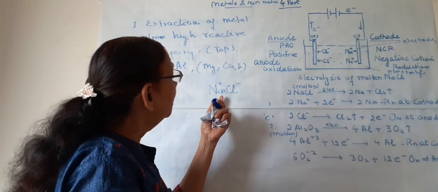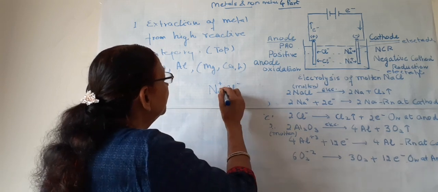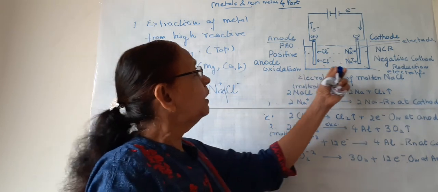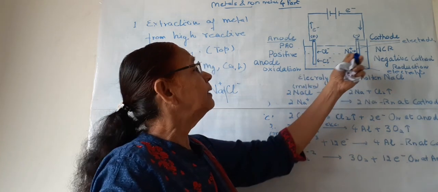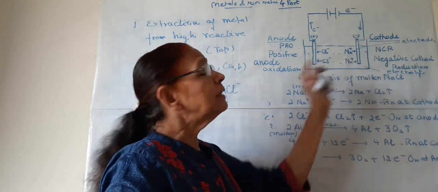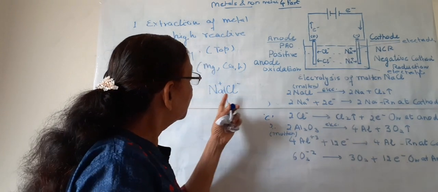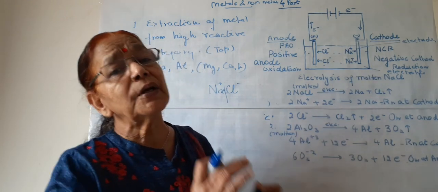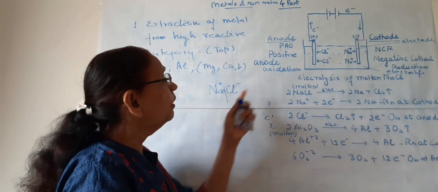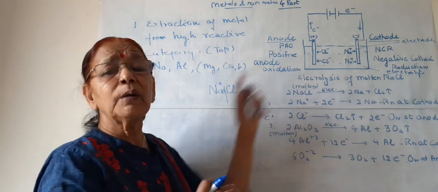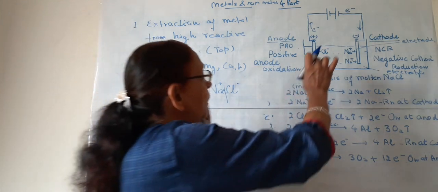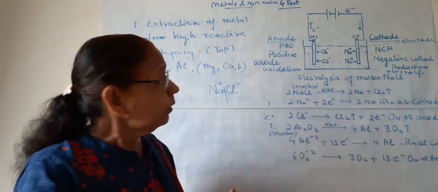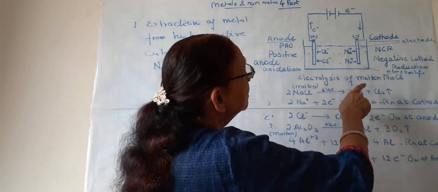If they are melted, then this ionic bond is broken and the two ions are now roaming freely in this container. Once the two ions are separated, then they are able to conduct electricity. If they are not free, then they cannot conduct electricity, because current needs ions to flow. So this NaCl is melted.